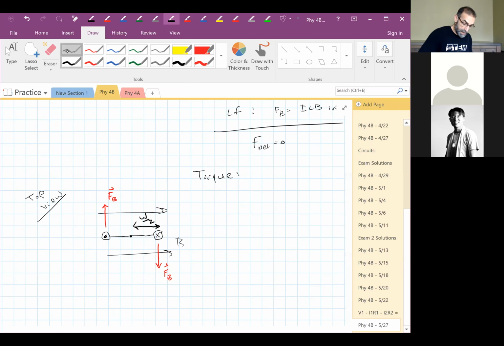So our torque then is... At this instant, this actually is the maximum torque.